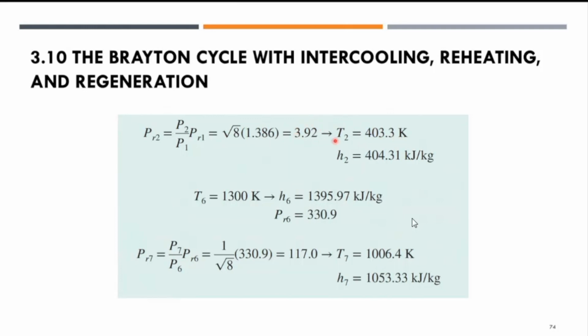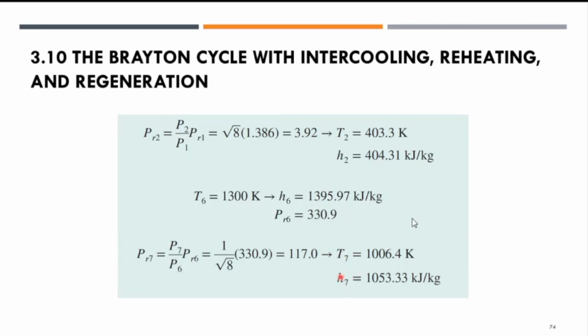And you can then read the corresponding enthalpy, and you do the same for temperature at 1300 Kelvin. You read from table A17 what is the corresponding value of enthalpy and Pr6. Then you use that to find the value for T7 and h7.